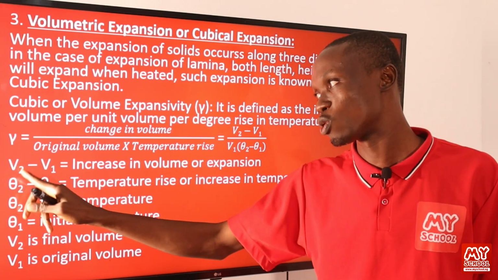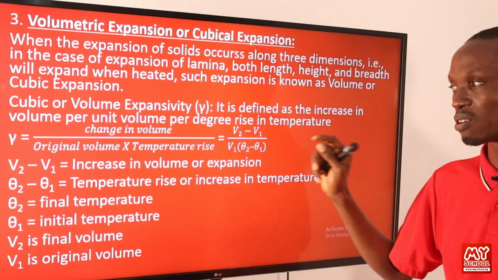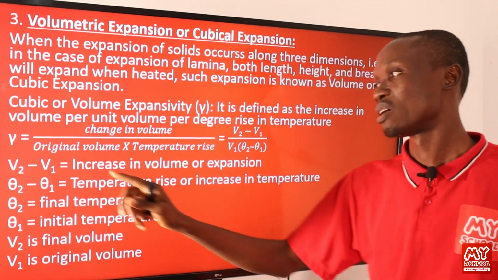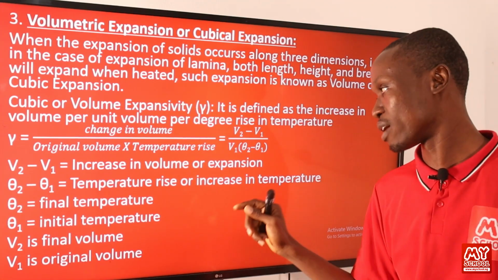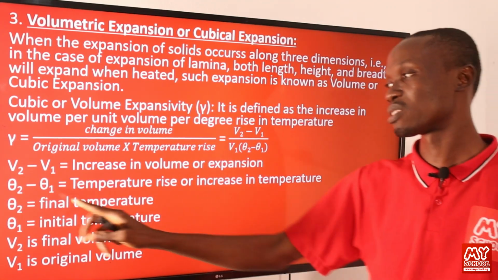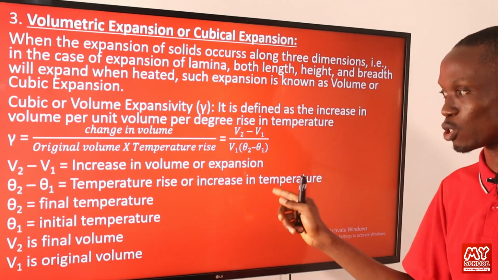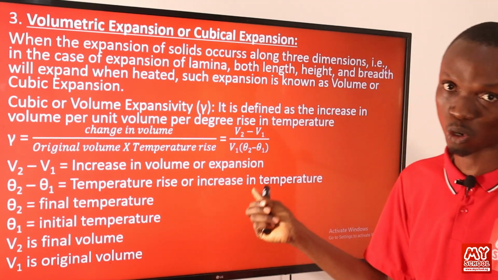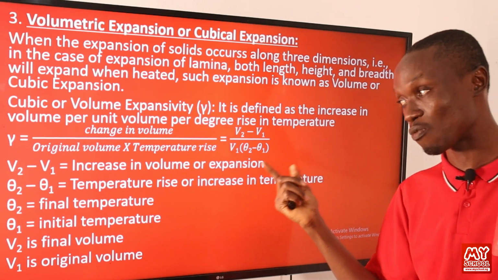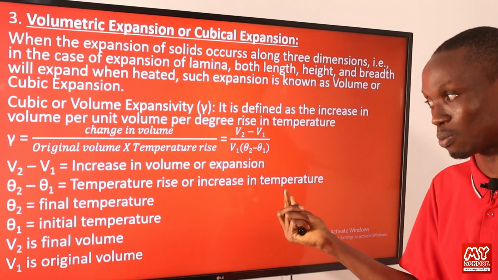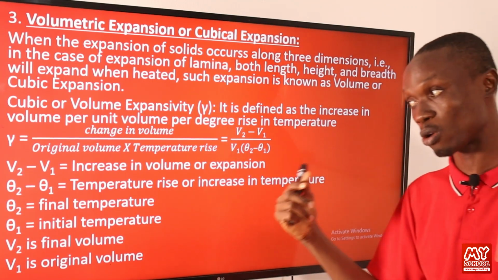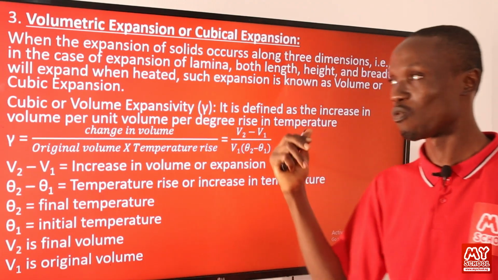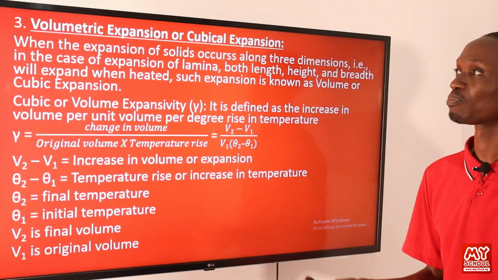V2 minus V1 is equal to increase in volume or expansion. Theta 2 minus theta 1 is equal to temperature rise, where theta 2 represents final temperature and theta 1 represents initial temperature. V2 represents the final volume, or new volume, while V1 represents the original volume, or initial volume. Let's move to the next slide.